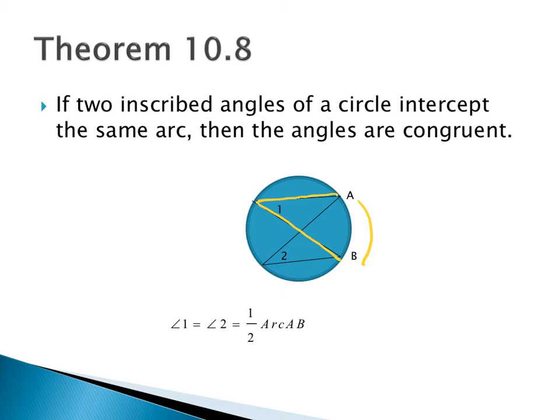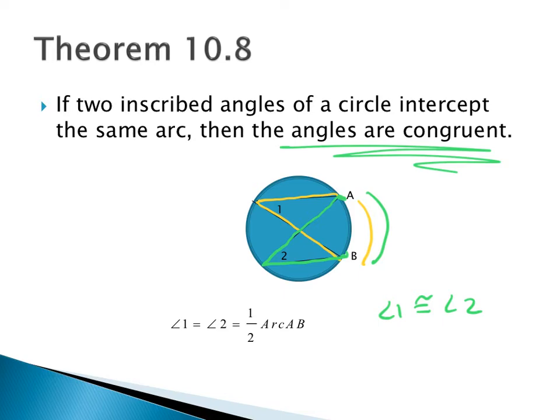If I trace over angle 2, notice the endpoints here, it also shares arc AB. So when they have the same intercepted arc, that tells you angle 1 is congruent to angle 2. The two angles are congruent.